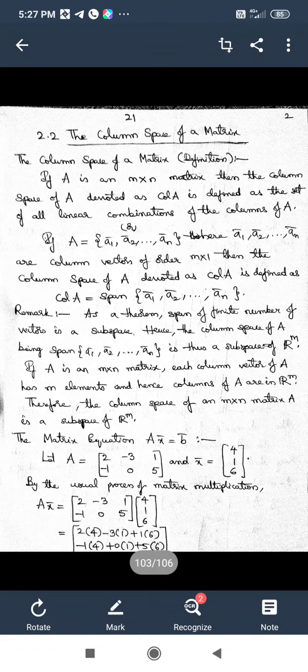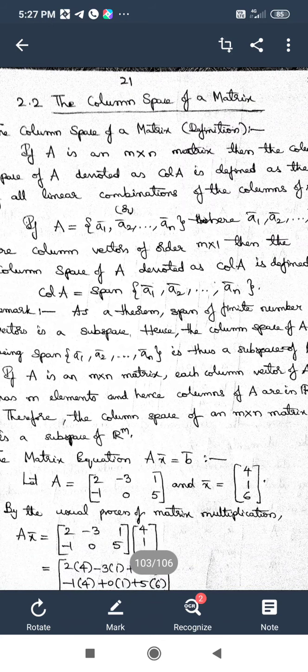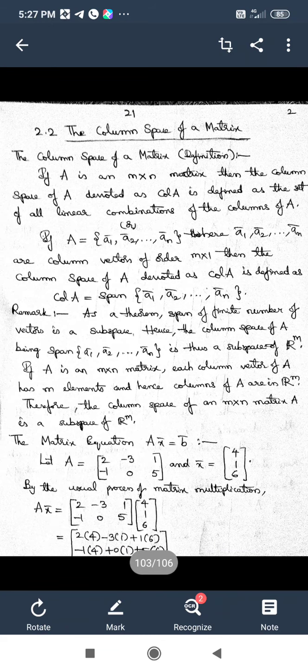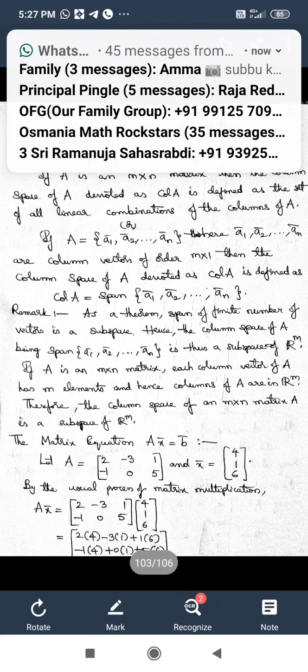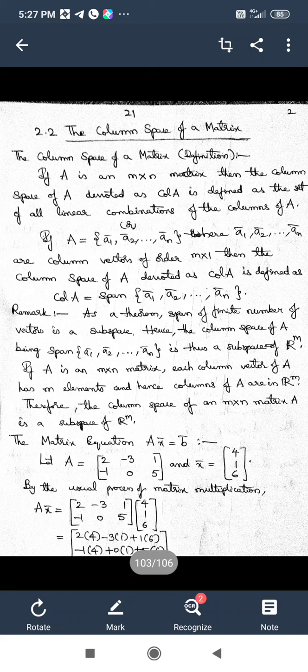There will be n column vectors in A, and each column vector will have m entries, and that means the columns of A are in Rm.